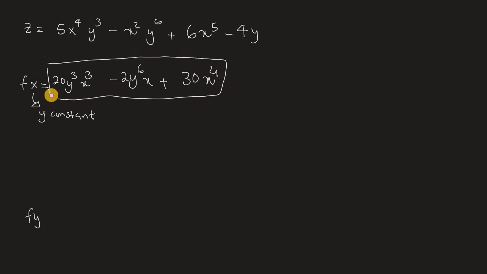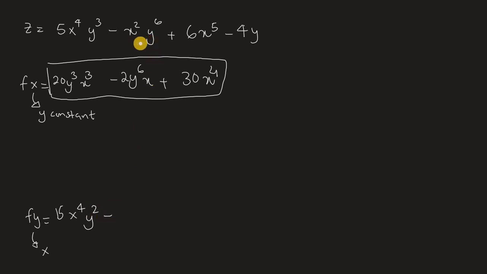Okay, now let's find the derivative with respect to y. So treating x as a constant this time. Okay, so x is a constant, so I'm just gonna write it in here, just treat it as a constant. Now we're differentiating y, so 5 times 3, this is 15, and y, 3 minus 1, it's 2.